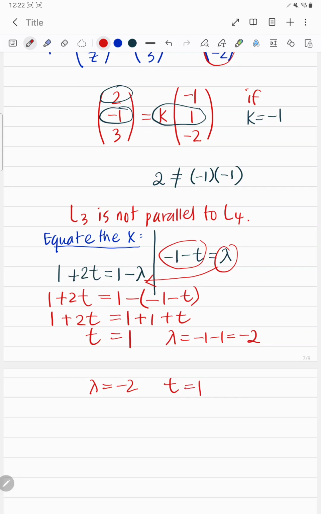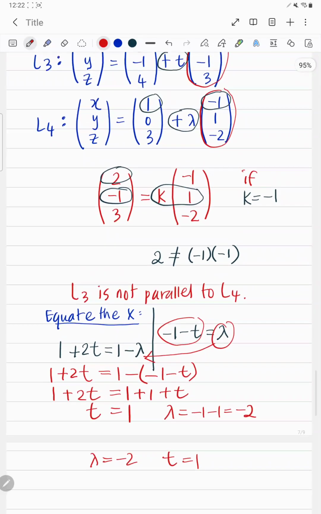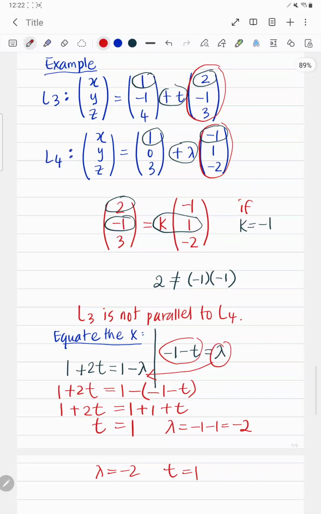So what can we do with this lambda equals negative 2 and t equals 1? I think some students already know what to do. You can take note that we have not written the z coordinate.